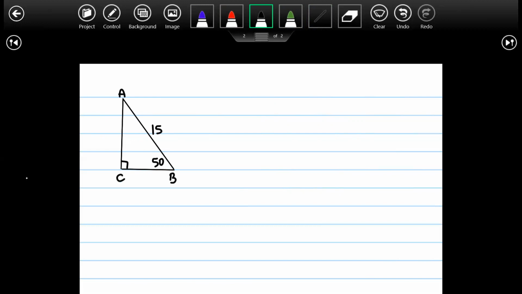It's an ACB triangle. Now, Sohcahtoa again. In this problem, it said solve for AC.